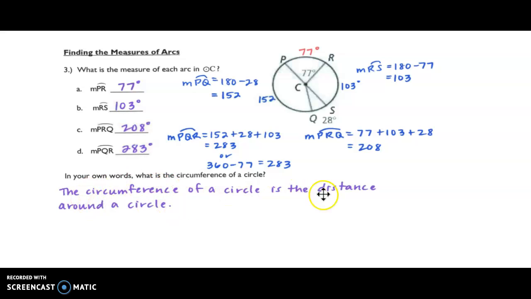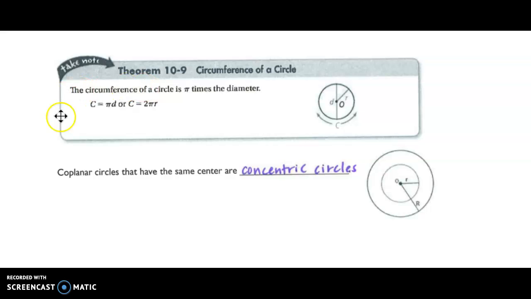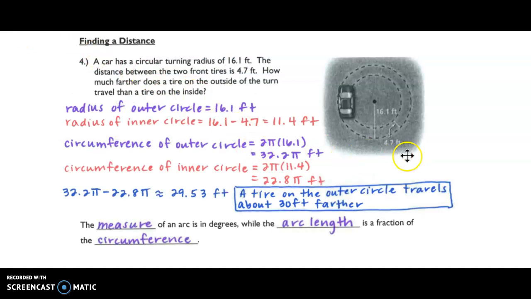We know the circumference is the distance around a circle, and this should be a familiar formula. The circumference is pi d or 2 pi r, whichever one you want to use. Coplanar circles that have the same center are concentric circles, a circle within a circle. One thing I'm going to mention is we're going to leave pi as pi. We're not going to use 3.14 generally.